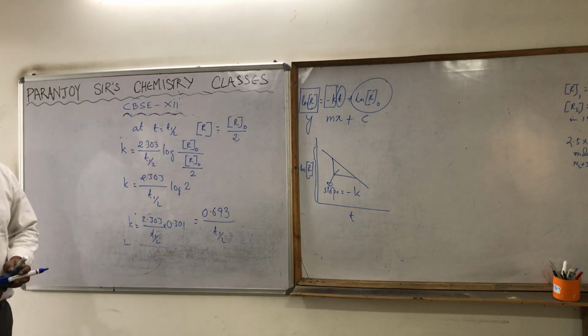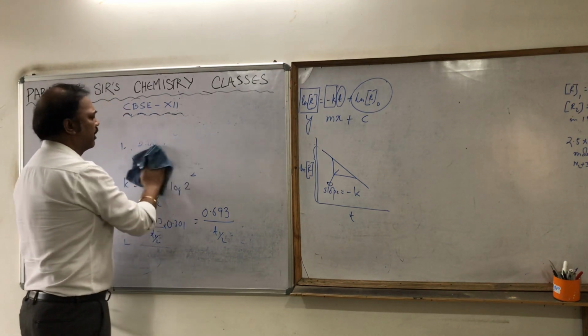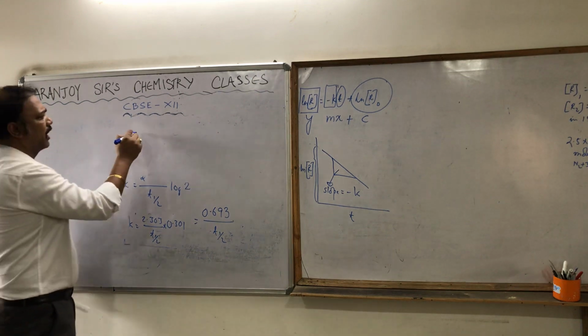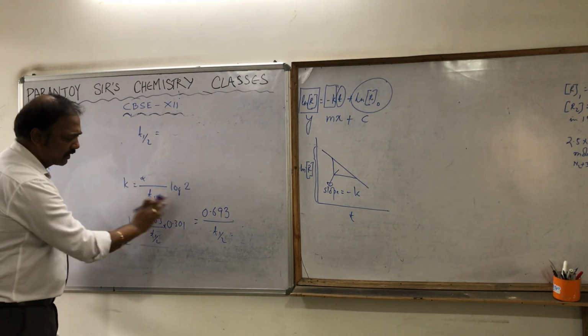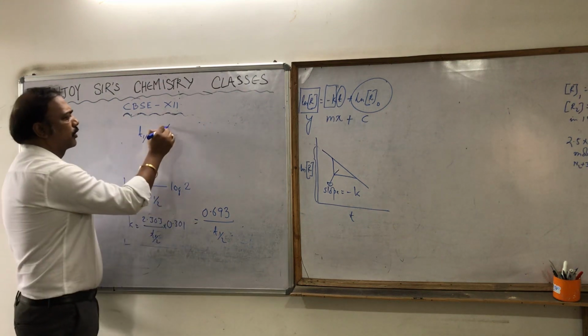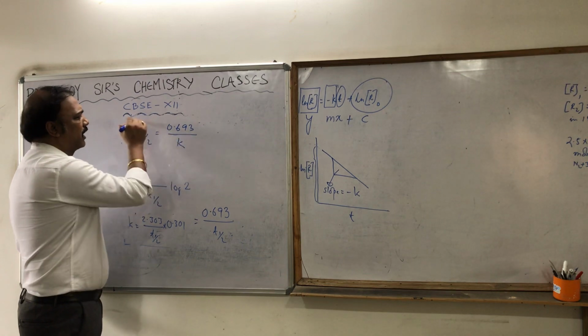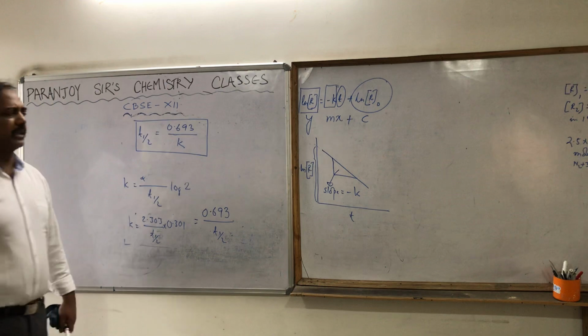Our intention is to find the expression for t half. So t half is equal to 0.693 divided by k. T half for the first order reaction is 0.693 divided by k.